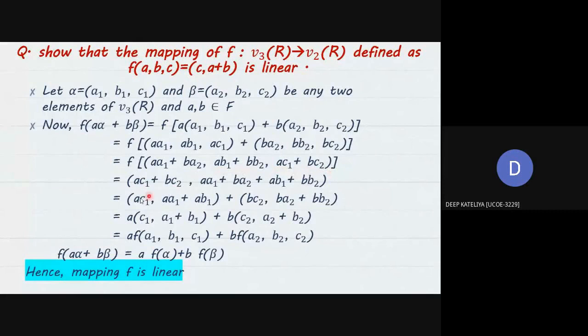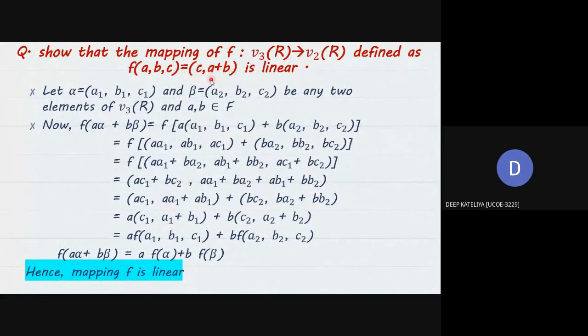Then, according to the question, f(a, b, c) is equal to (c, a plus b). Therefore, (a c1, a a1 plus a b1) is the first bracket plus (b c2, b a2 plus b b2) is the second bracket. Therefore, it satisfies the form of (c, a plus b).